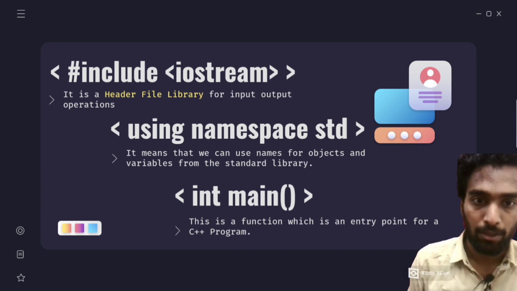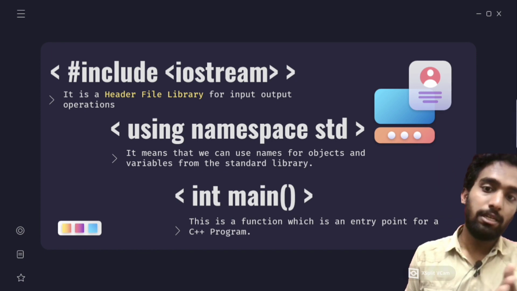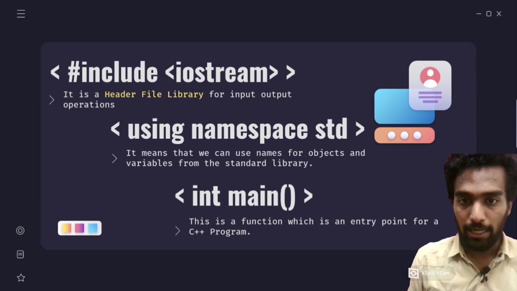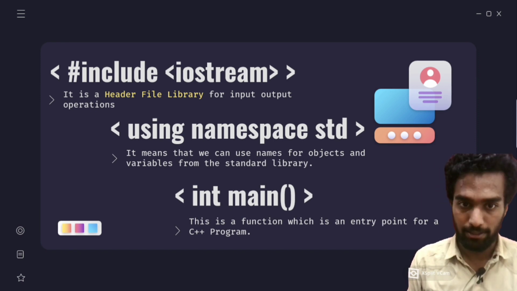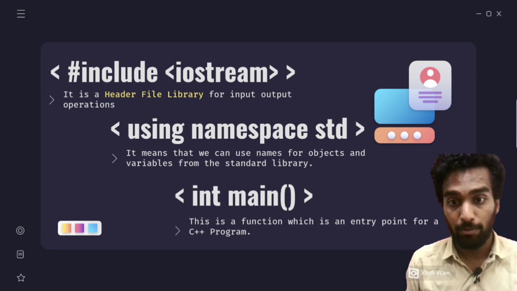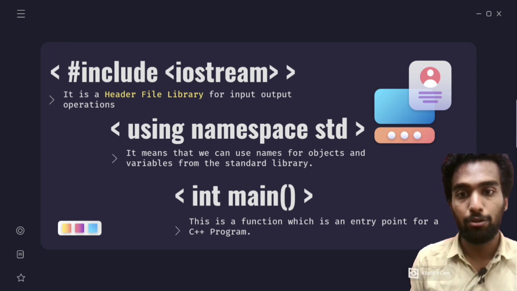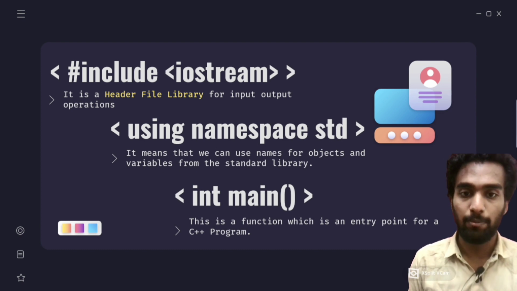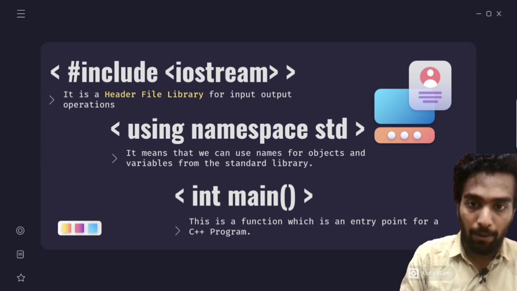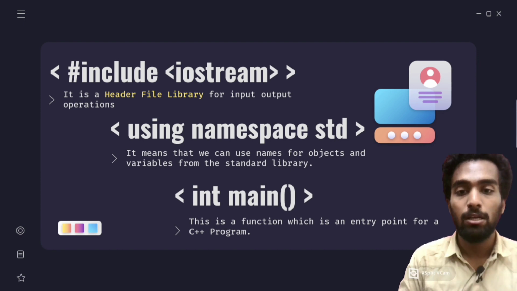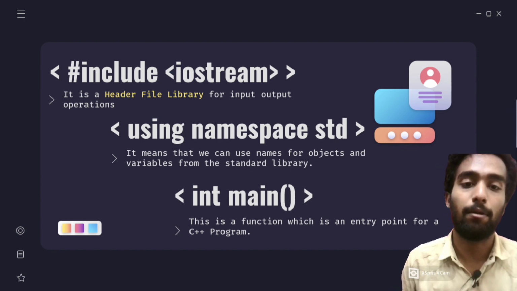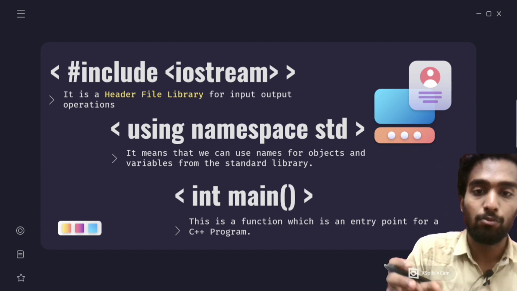Okay, then using namespace std means that we can use names for objects and variables from the standard library. C++ has a standard library, so we use namespace std. It means that whatever name, object or variable we are using, it is from the standard library.